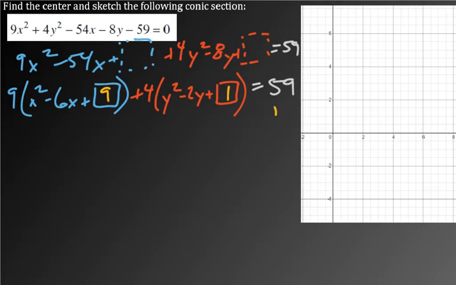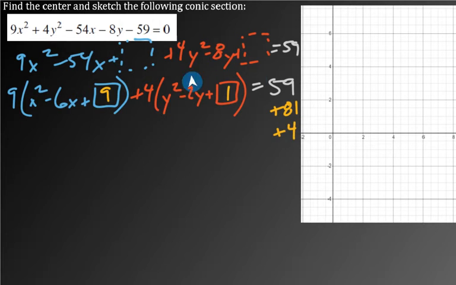And again, I have to add two numbers to this side in order to balance the equation and make it a true statement, without changing anything. But if you look at what I have here, I have 9 times 9, so I actually have to add an 81. And here I have a 4 times 1, so I really added a 4 on this side. So I have to add 4.